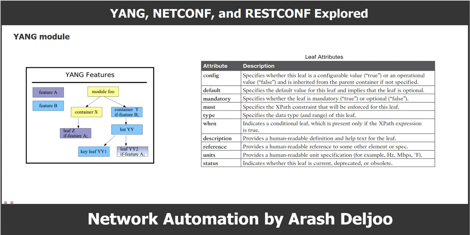About the reference, it provides a human readable reference to some other elements or a spec. Units provides a human readable unit specification, for example, hertz, megabit per second, or other specification. Status indicates whether this leaf is current, deprecated, or obsolete.